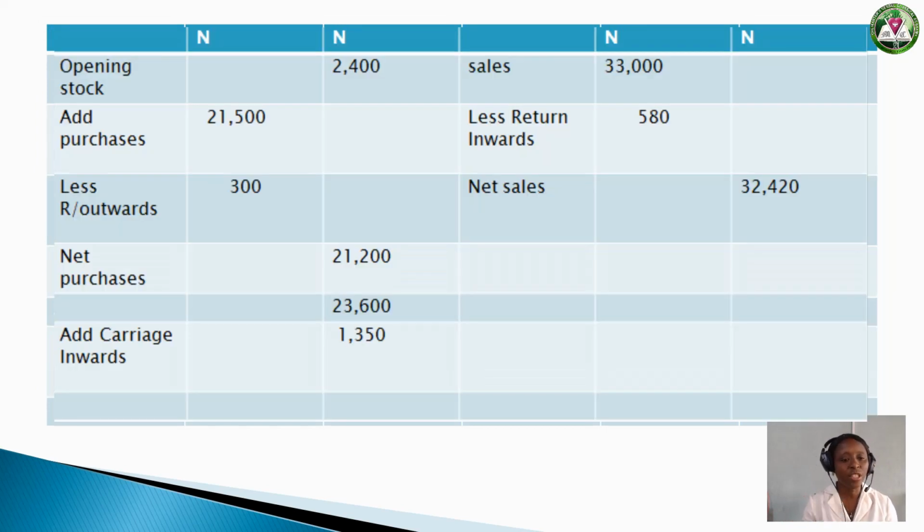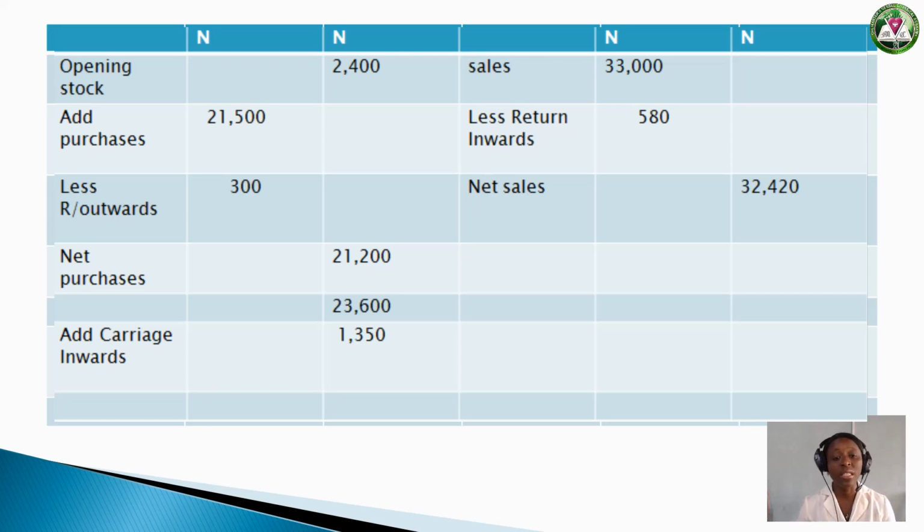So before you get your net purchase, remember before we are able to get our 21,200 as our net purchase, what did we do? I will call somebody. Somebody should answer it. Okay, very good. Let me say it again. We did purchases, which is our 21,500, less, that is minus 300 naira.